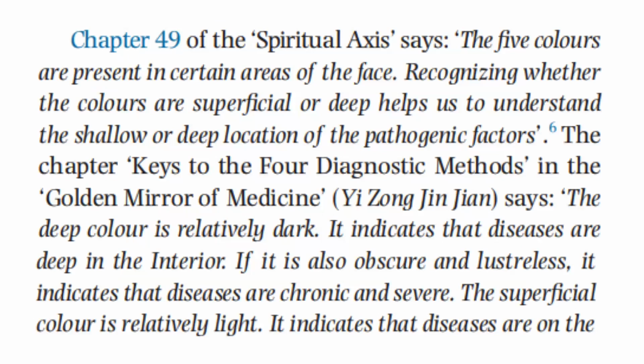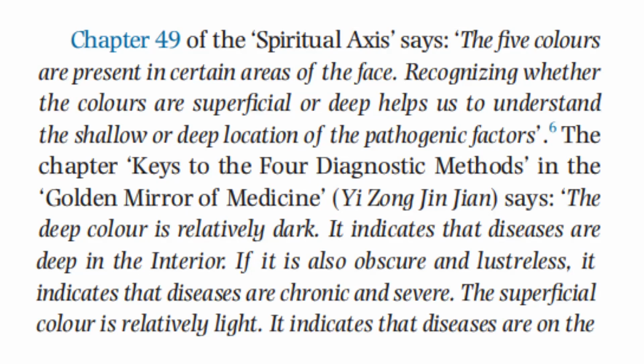Chapter 49 of the Spiritual Pivot says, the 5 colors are present in certain areas of the face. Recognizing whether the colors are superficial or deep helps us to understand the shallow or deep location of the pathogenic factors.